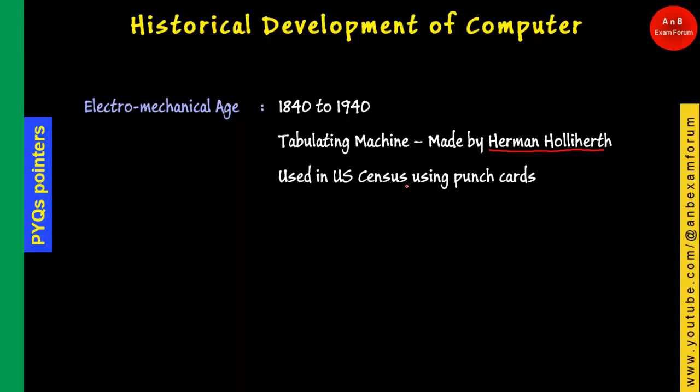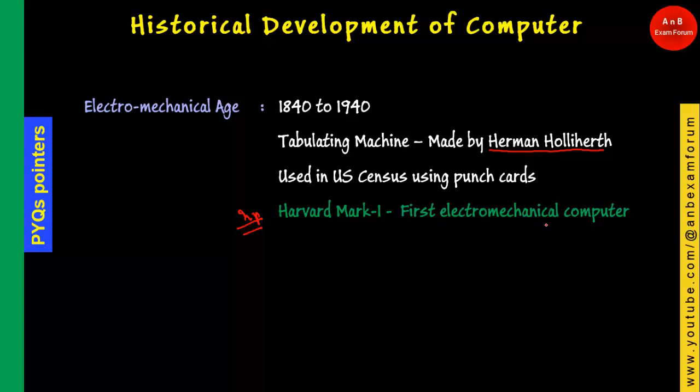Okay, and a very important mark for your upcoming exam is the first electromechanical computer. The first electromechanical computer is Harvard Mark 1. So you will find the names of some computers, but you need to differentiate them. I will tell you whenever it is required.